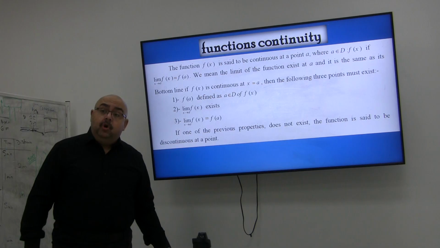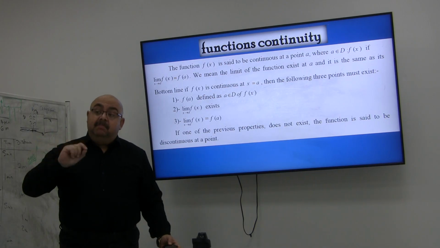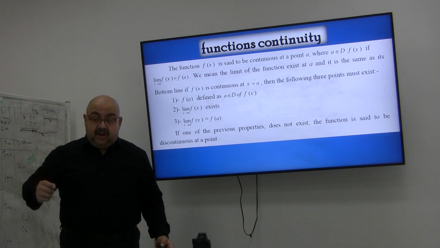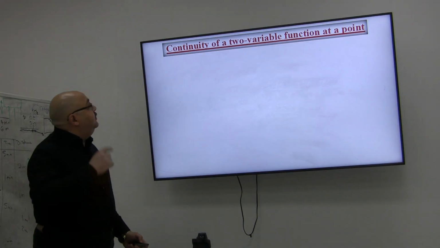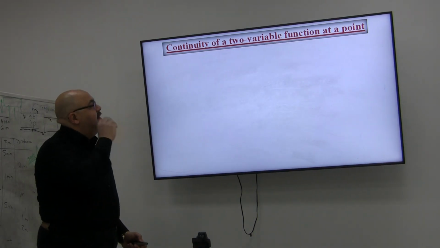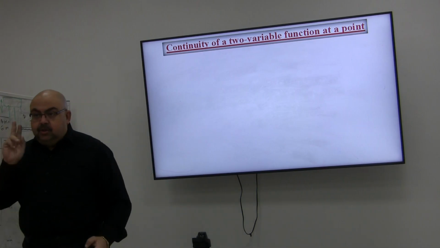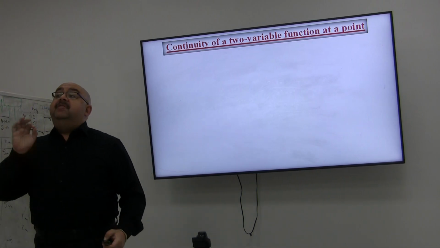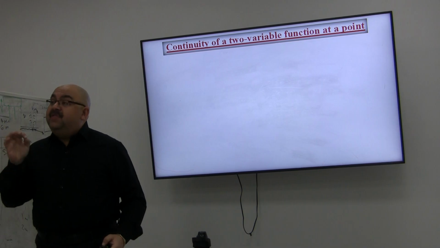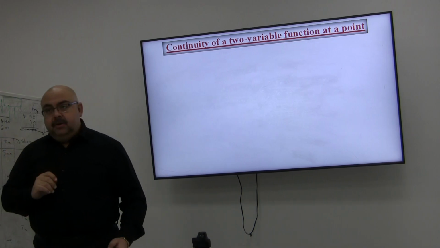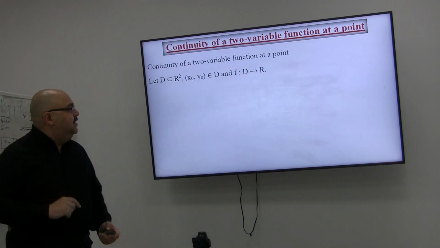Okay, once we go to functions of multiple variables, we will move to continuity of two variables and more. If I'm talking about limits in two variables, I will go with the limits using the definition, with just a slight difference.